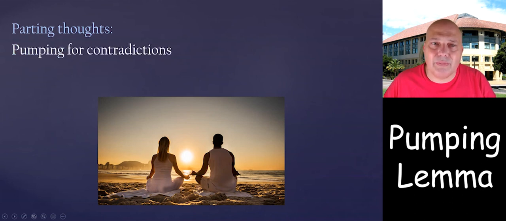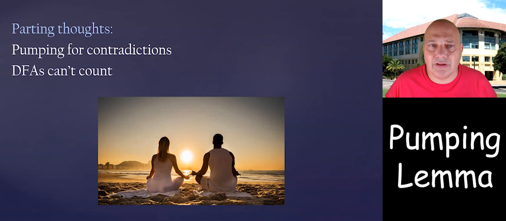Some parting thoughts. We've been using pumping for contradictions. We're taking strings in the language and pumping them to other strings that are not in the language. And the two examples that we've seen have something in common: they are about counting.